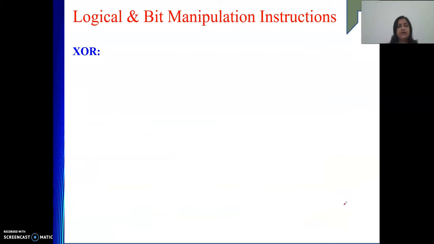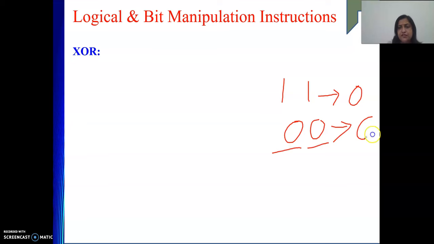Next is JOR. JOR we can use whenever we want to clear some register content. Then see what we know in case of JOR. 1 JOR 1 is 0. 0 JOR 0 is 0. What does it mean? Whenever the two inputs are the same, the answer is 0.